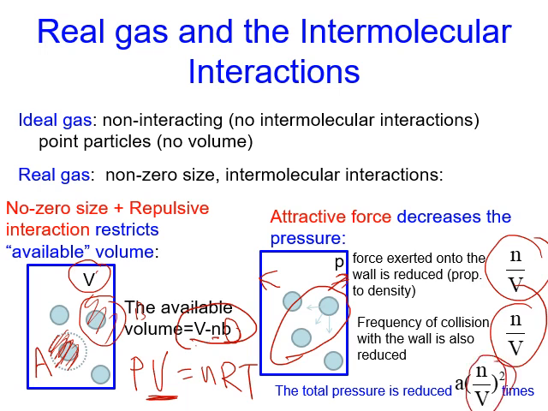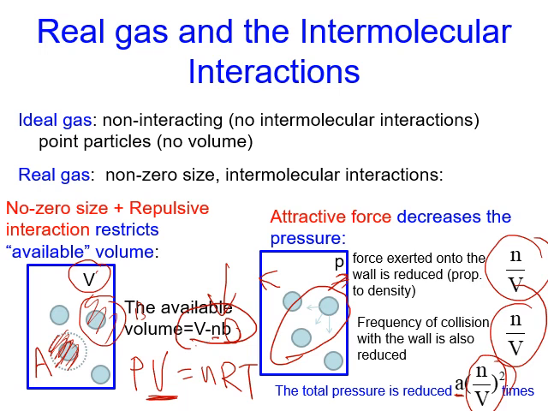Squared because not only is the force reduced, the frequency is also reduced proportional to the density, times a constant A. A is a constant unique to different gases called the van der Waals constant. Similarly, B is also called the van der Waals constant for different gases.